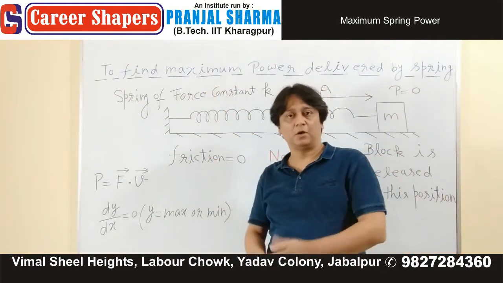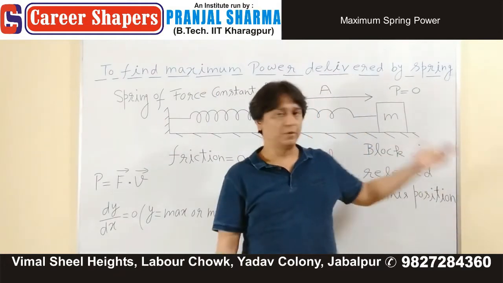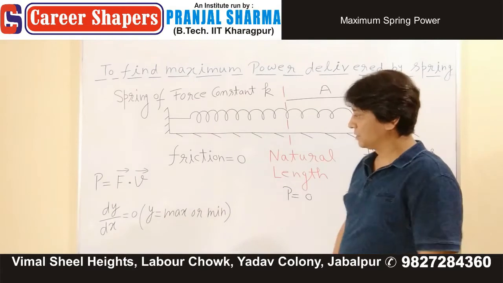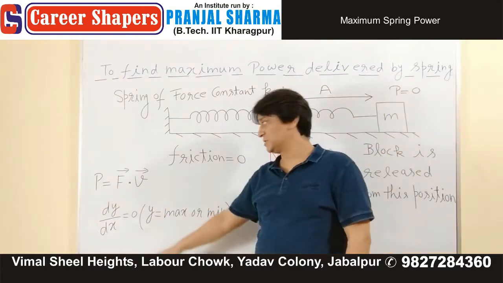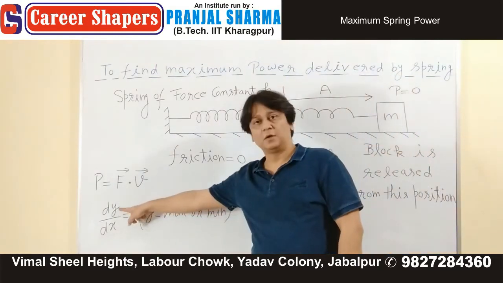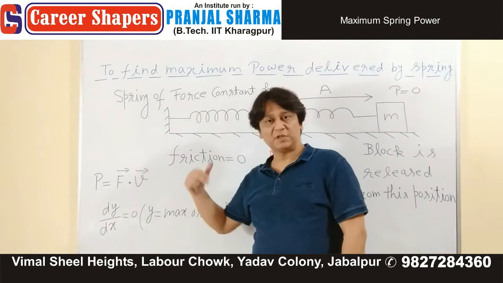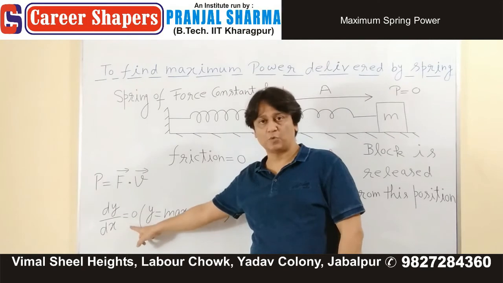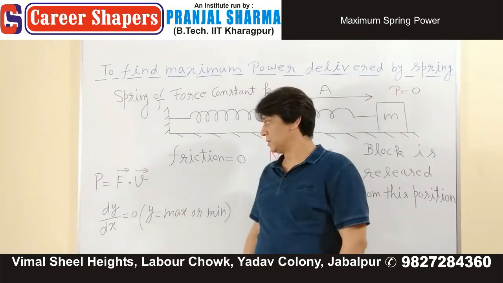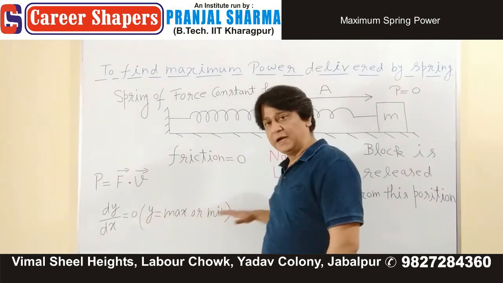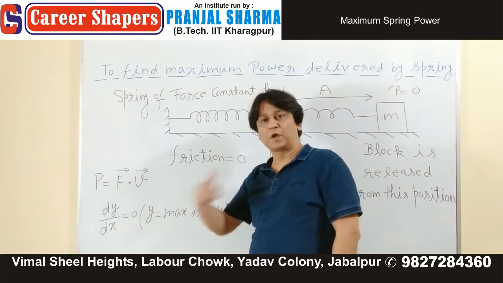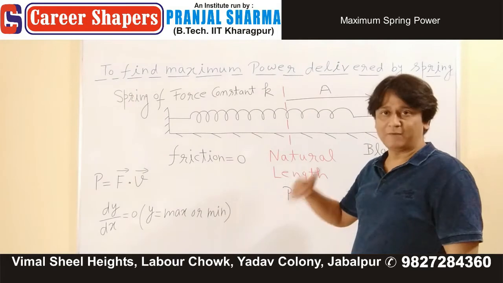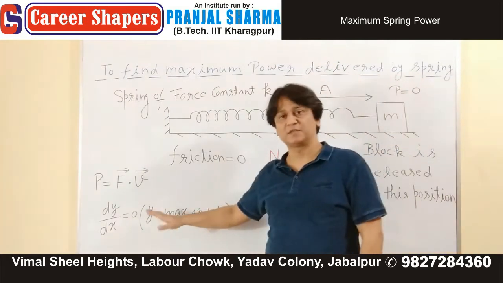Maximum. And I already told you how it should be maximum, why it should be maximum. Now, whenever you need to maximize something, y, with respect to some other variable, then its differentiation becomes what? 0. For detailed knowledge of this, you can watch the appropriate lecture. But right now, I will assume that you have the idea of maxima and minima.